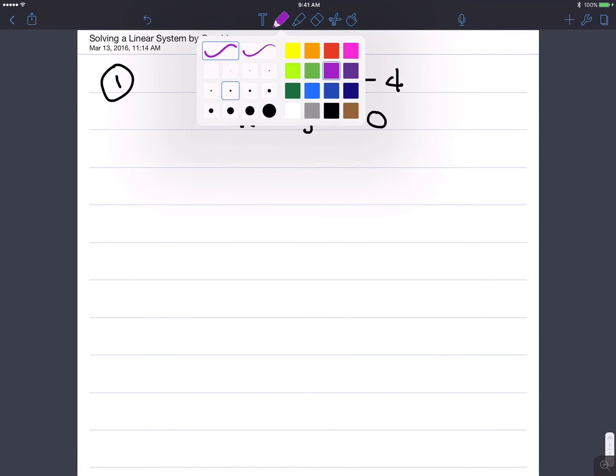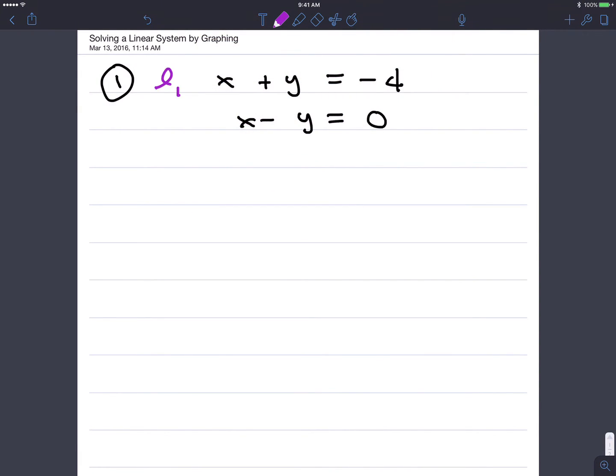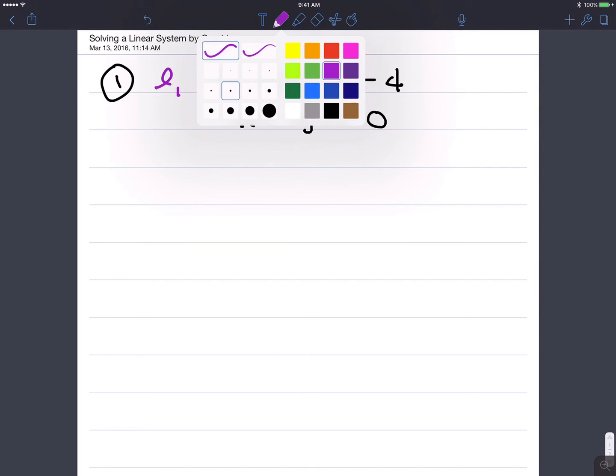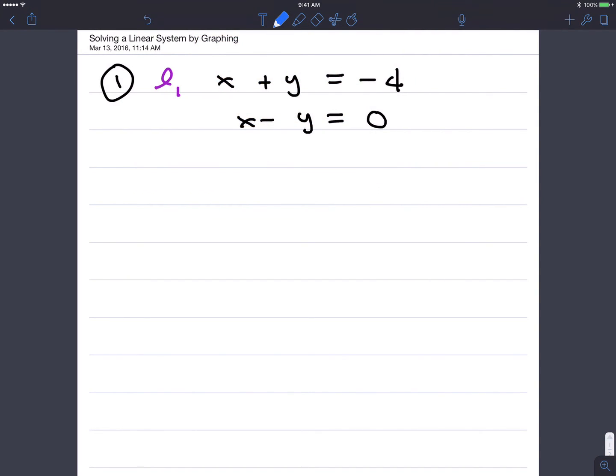I'm going to do a couple things here. Let's let that first equation be represented by line 1, or L1. And then I'm going to have the second equation be represented by line 2, or L2. Since this is about graphing here, we need to actually put each equation in slope-intercept form, meaning y equals mx plus b, and then we're going to graph each equation.